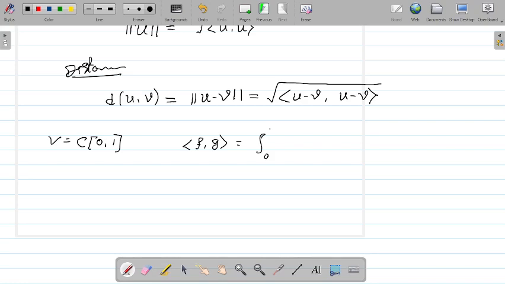And tell me, with the help of this inner product, what is the distance between x minus 1 by 2 and x square? All that you need is to use these definitions. You know how the inner product is defined. You know what the function is.